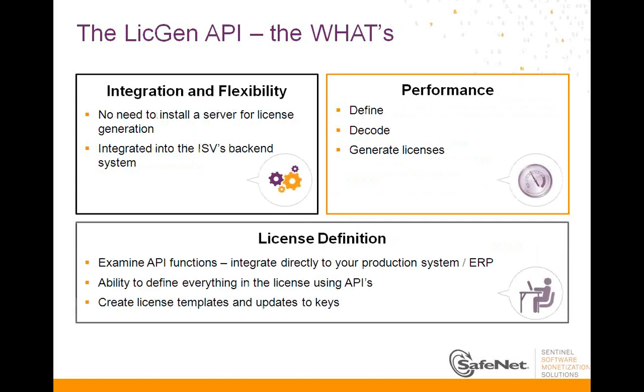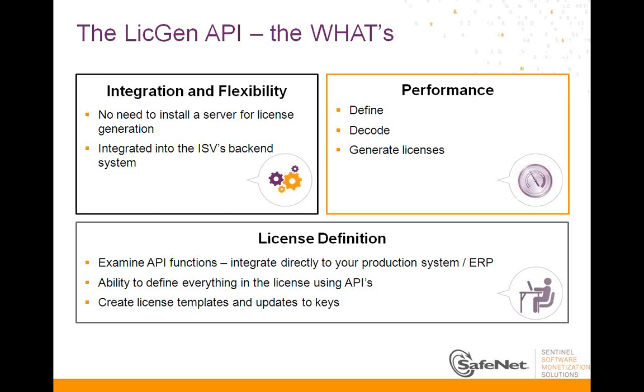The LeakGen API can be used together with an existing licensing server, as I explained earlier, and it can also be integrated with an existing ERP or CRM back office system to provide maximum flexibility and control over business processes.